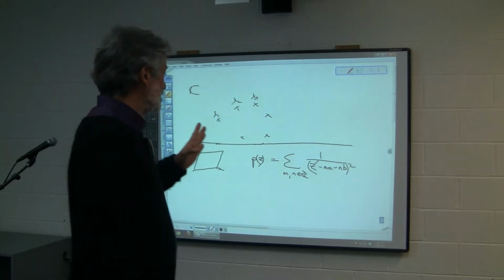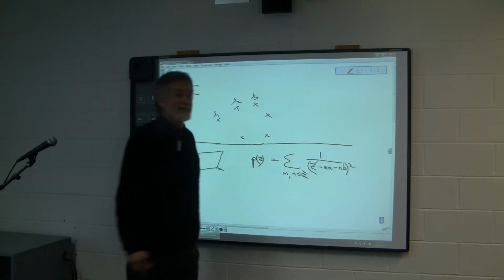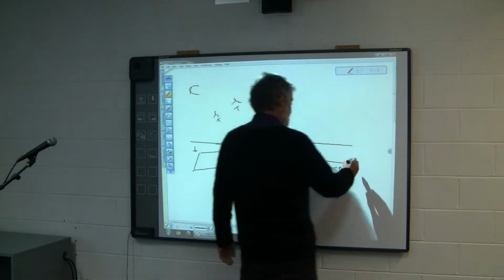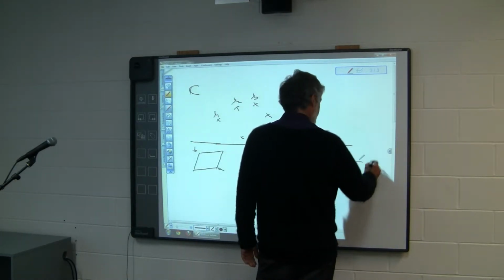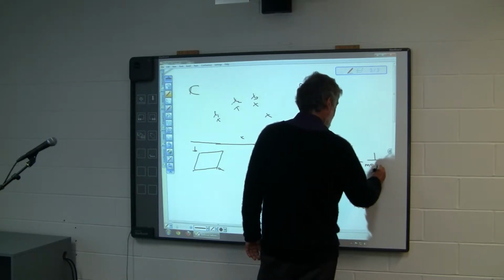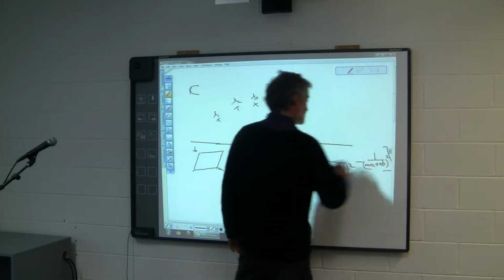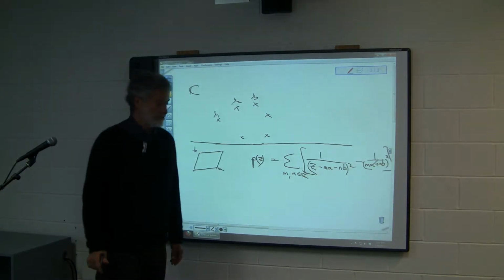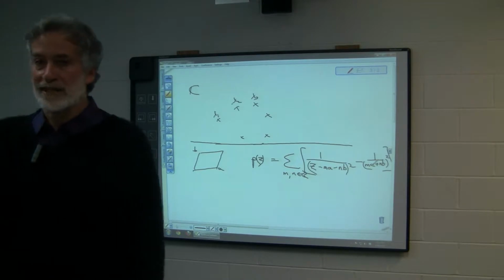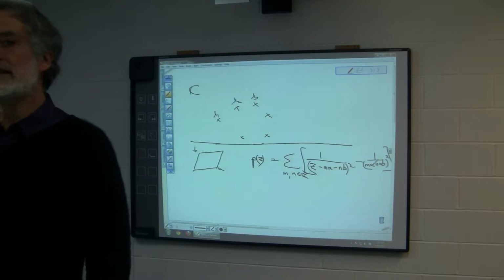Okay, those of you who are careful with your complex analysis will notice that the sum doesn't converge. So, in order to take care of the convergence, I will do this: subtract 1 over (ma plus nb) squared. Now it does converge. All I do is change each of the summands by a constant, so that the result decreases fast enough.